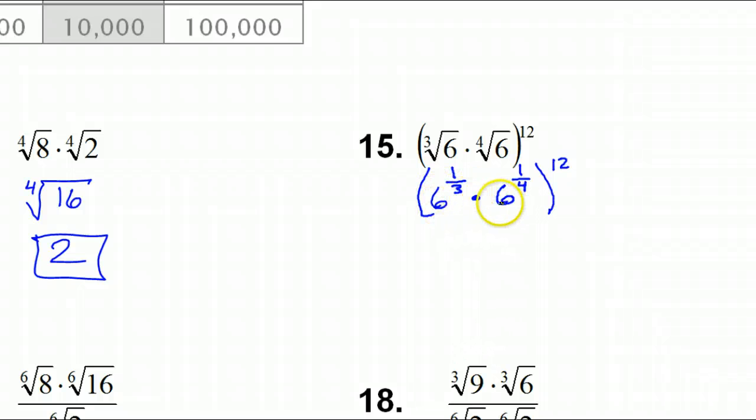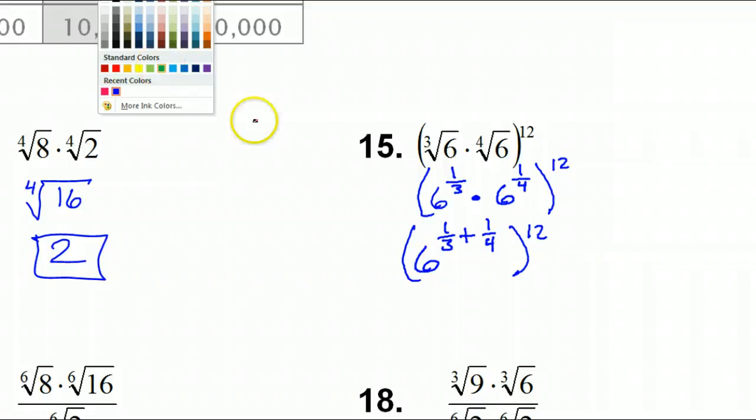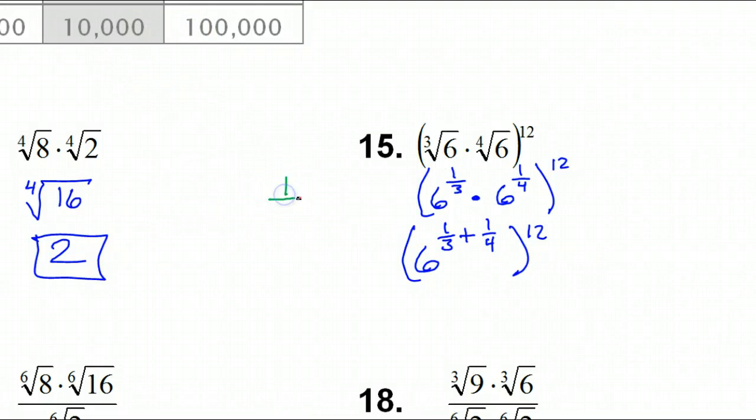Now, since the bases are the same, we can add these exponents. So we are doing 6 to the 1/3 plus 1/4 power, to the 12th power. Off to the side somewhere, I will do 1/3 plus 1/4. When you're adding fractions, this is when you need like denominators.